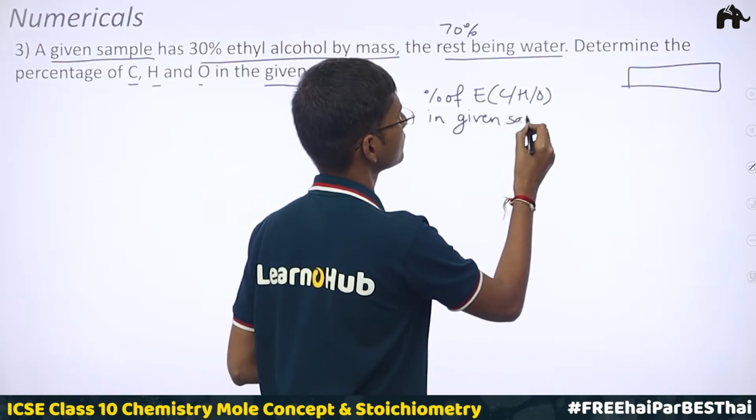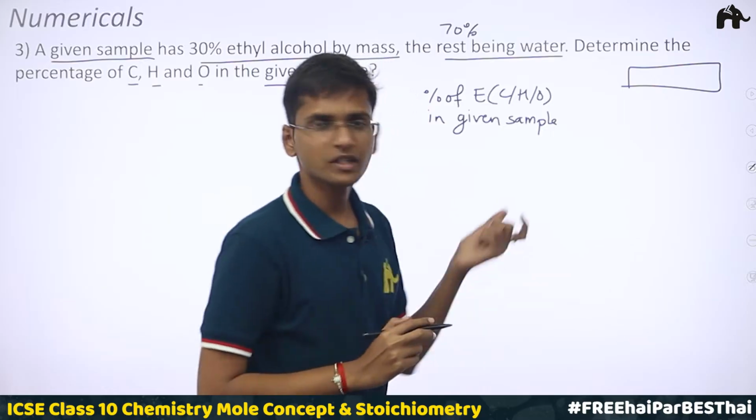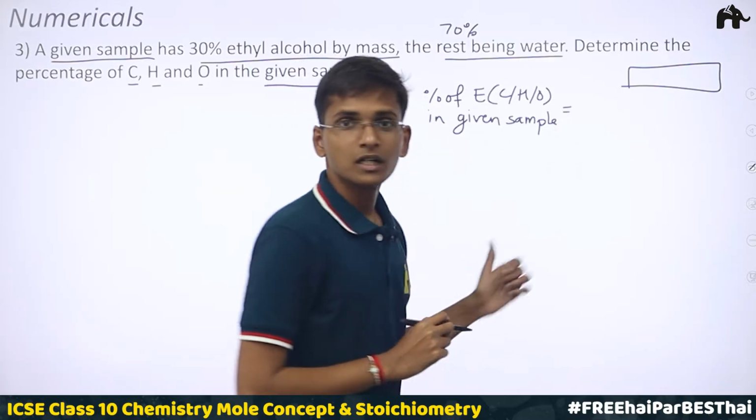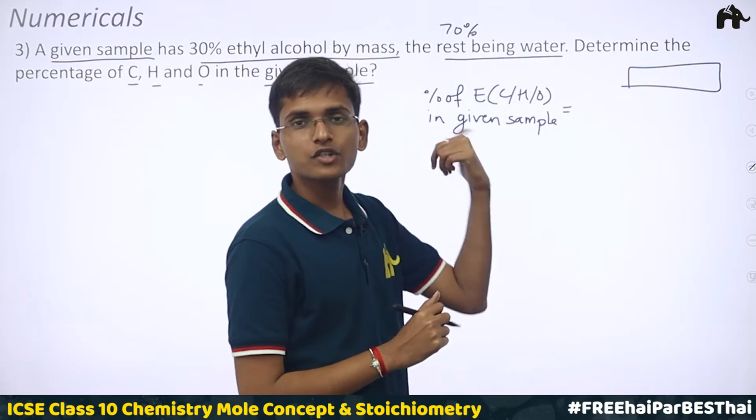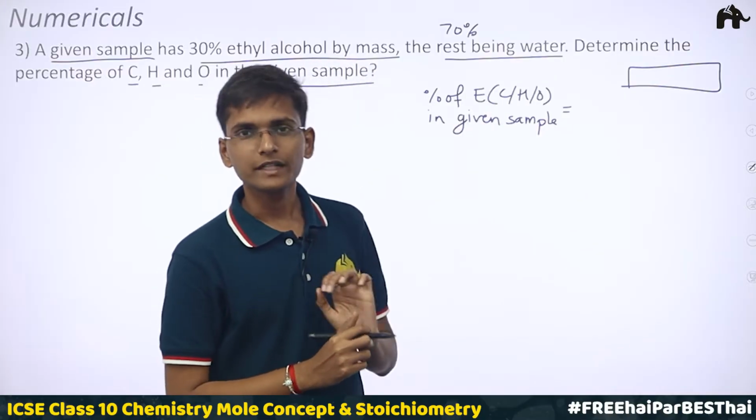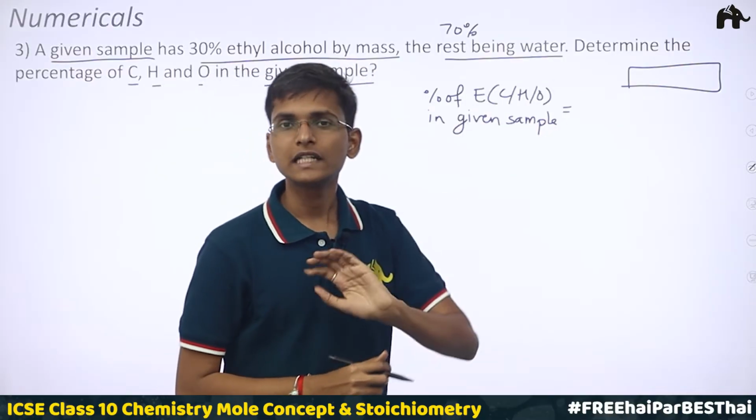We are making a simple formula. What our formula was for percentage of element in a compound by weight was the total atomic weight of the element in the given compound.